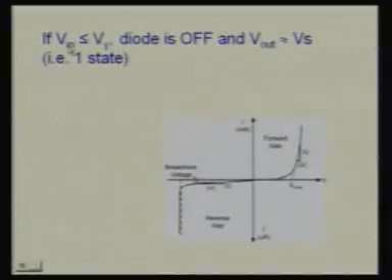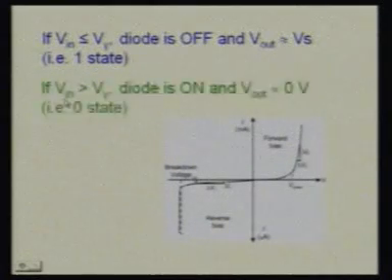So we can say if the input voltage is less than V gamma, which is V knee or V threshold voltage, the cut-in voltage, the diode will not work. It is in off condition, and at output we get almost the supply voltage, that is V out is high.